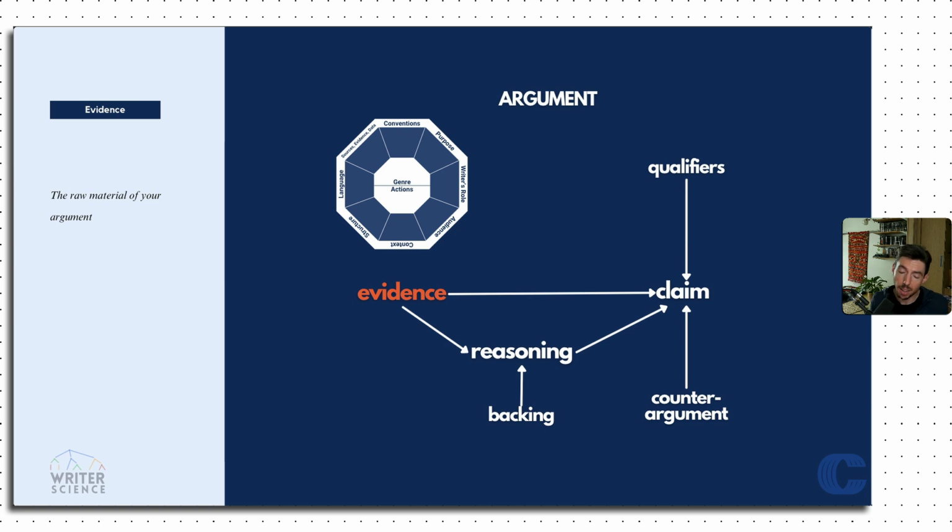Because the fact is that you can find evidence to support any idea. And that's what a lot of people do. They start with their claim, and then they go looking for evidence to support that idea. And you can find evidence to support any idea. There are people these days who honestly believe that the earth is flat.